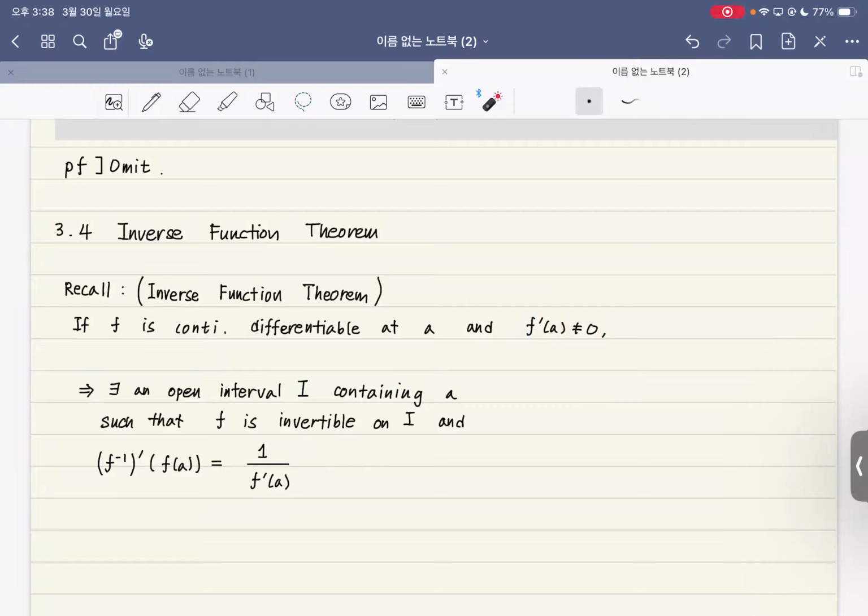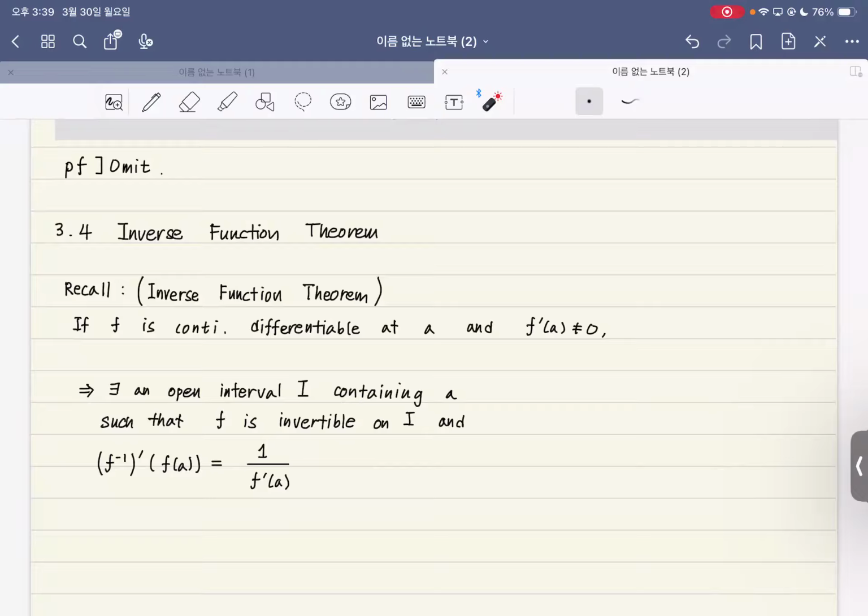Having a non-zero derivative means that at this point a, your function is either increasing or decreasing. It cannot be constant. So if you just focus on a small interval containing a, then your function is locally increasing or decreasing.